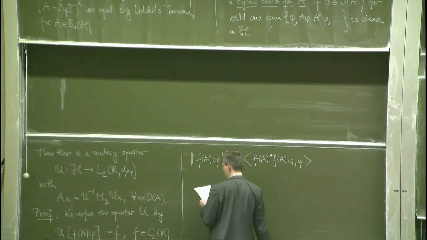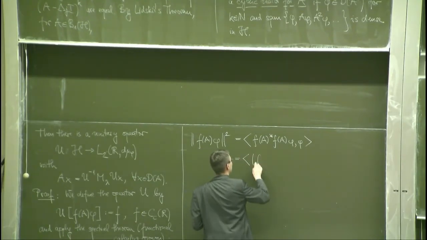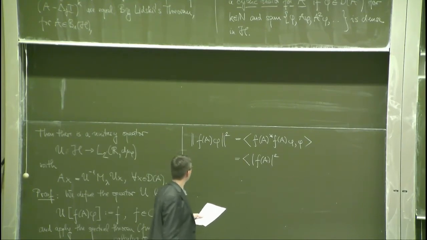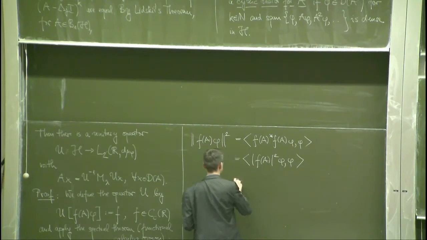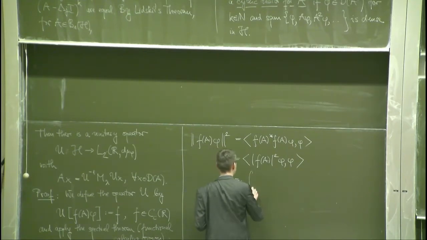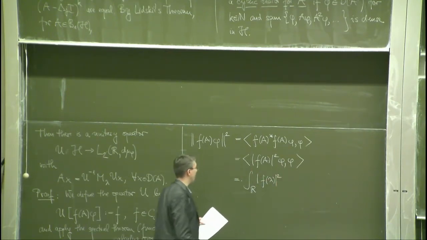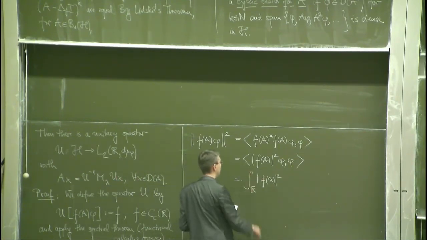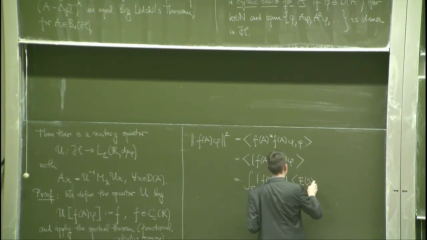So this is clear, but this is then also the absolute value to the power of 2 of f of A phi, and now we can use the spectral theorem in the version that we already had. And we know that this is the function f applied to lambda, and here we also have the absolute value to the power of 2, d e of lambda phi.